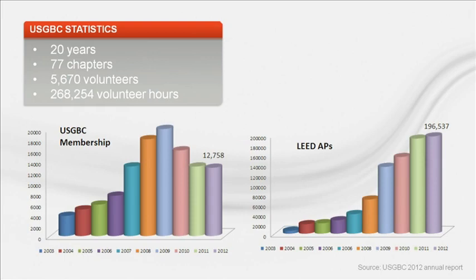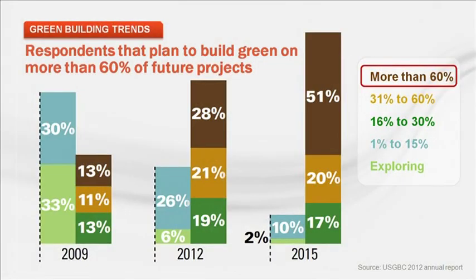If we take a look at some green building trends, studies such as McGraw-Hill's 2013 World Green Building Trends suggest that green building growth around the world is not isolated to one particular region. This chart indicates that companies are shifting their business toward green building, with 51% of respondents planning more than 60% of their work to be green by 2015.